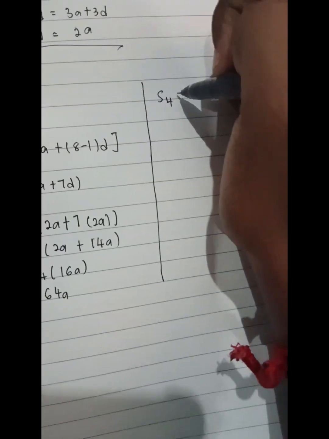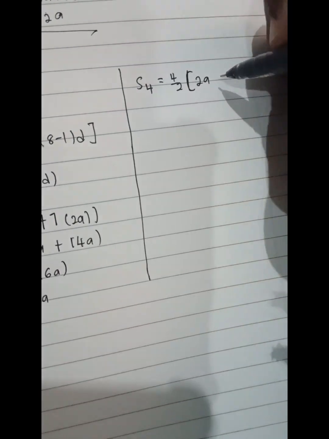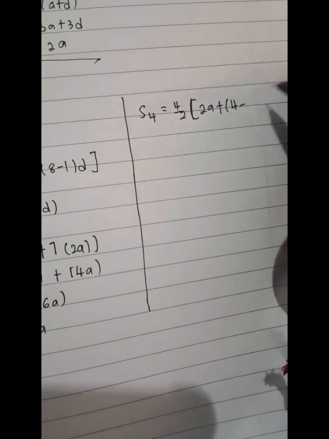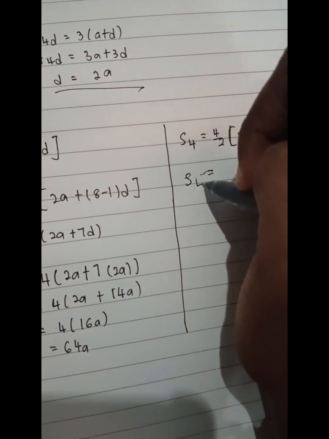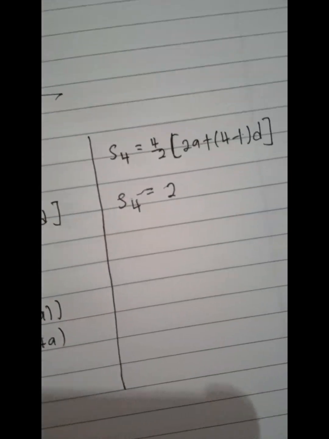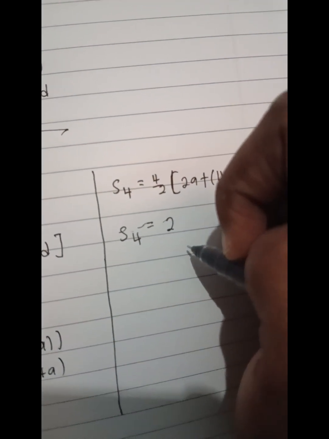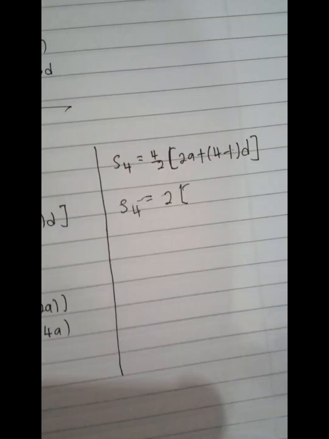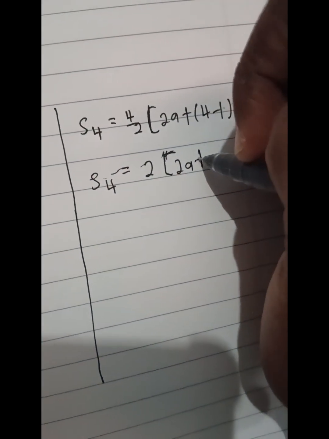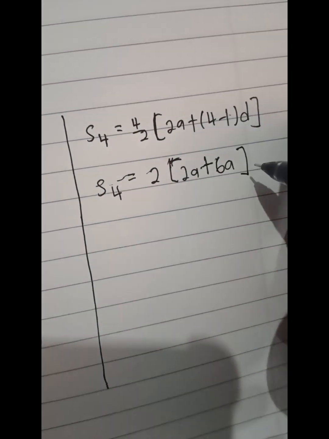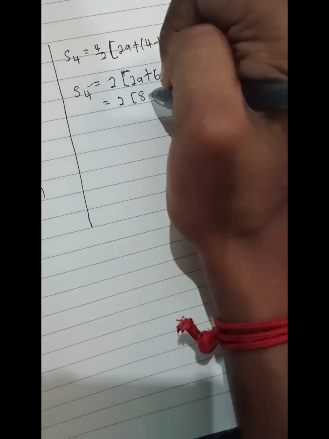S4 equals 4 over 2 bracket 2a plus (4 minus 1)d bracket, equals 2 bracket 2a plus 6a close the bracket, equals 2 times 8a.